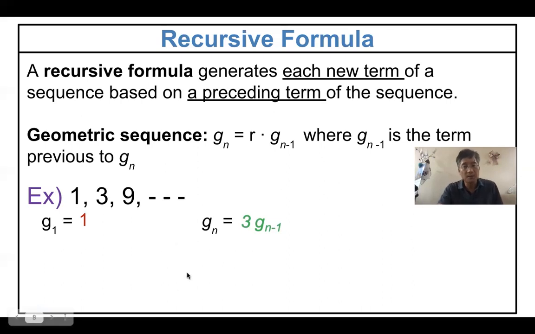So it's up to you. If you know the recursive formula, you can get the explicit formula. But if you have the explicit formula, you can also get the recursive formula, right? So 3 times the g n minus 1 term, I mean n minus 1. That's the recursive formula.